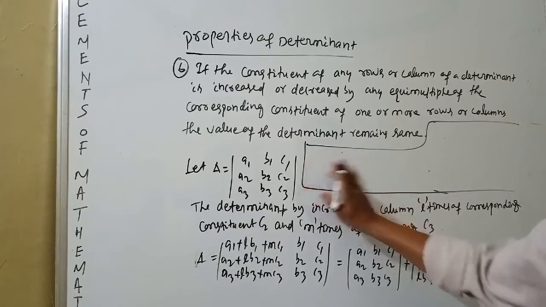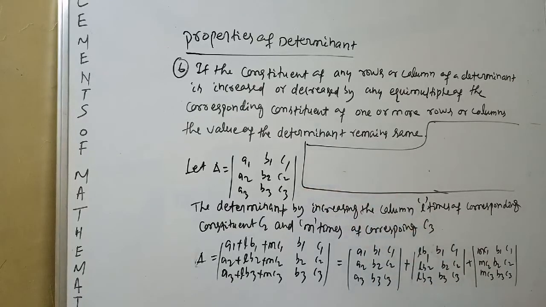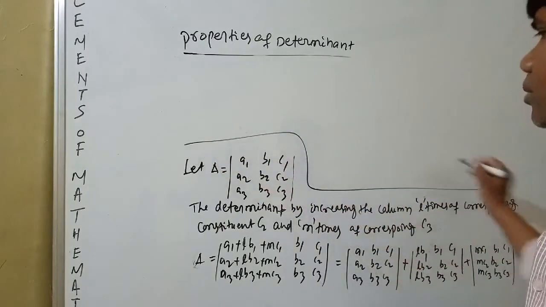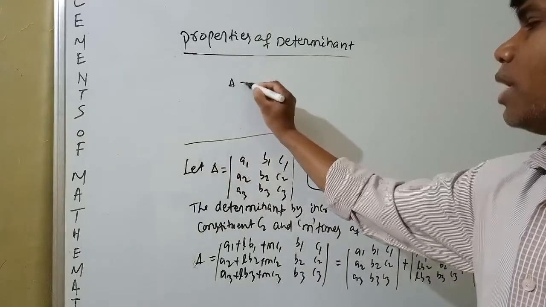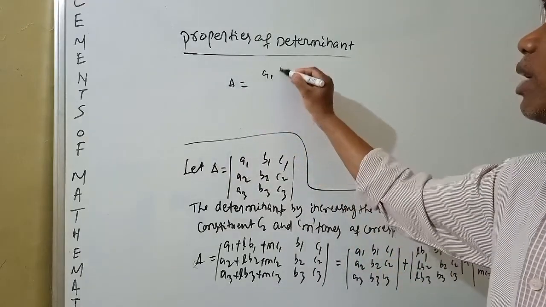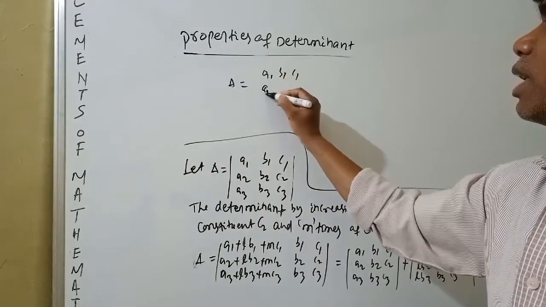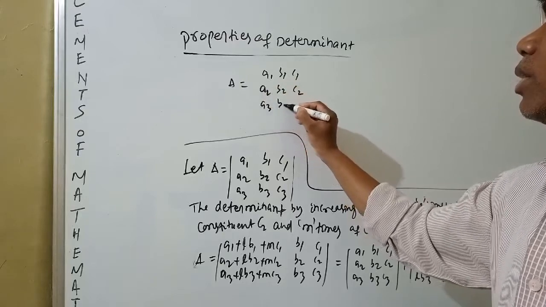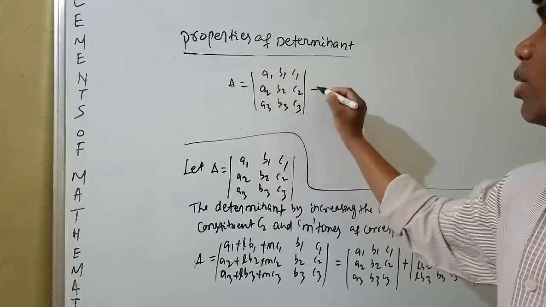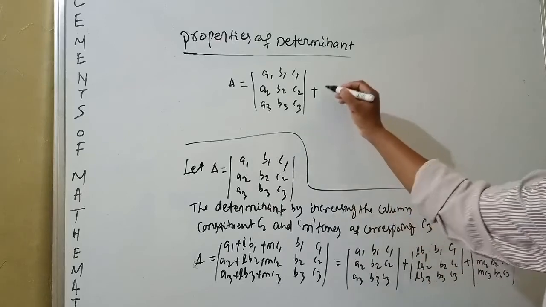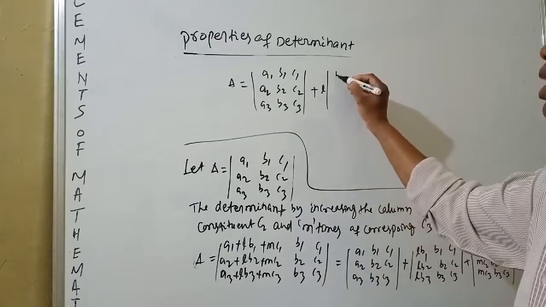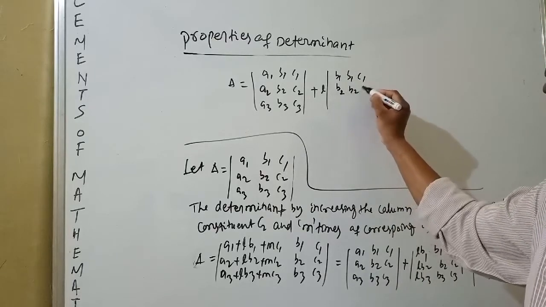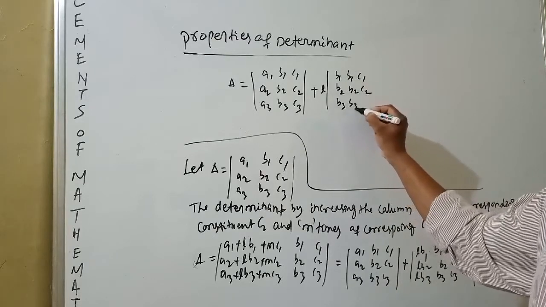Wait a little bit. Delta is equal to this, that is A1, B1, C1, A2, B2, C2, A3, B3, C3, plus, L is common here, taking common L you get B1, B1, C1, B2, B2, C2, B3, B3, C3.